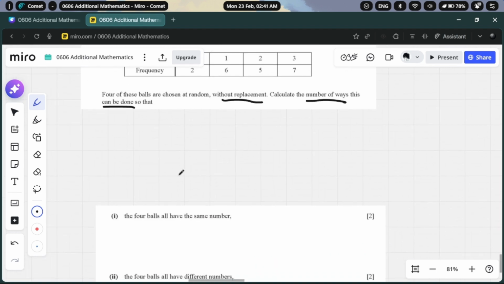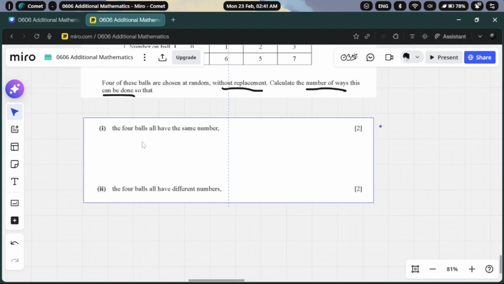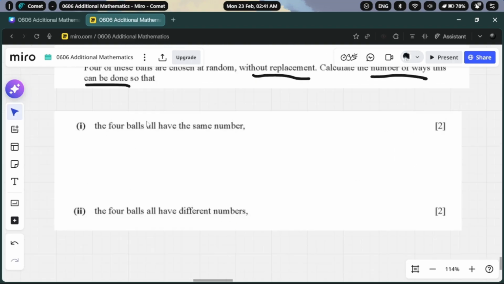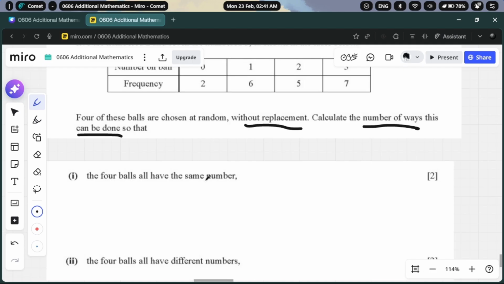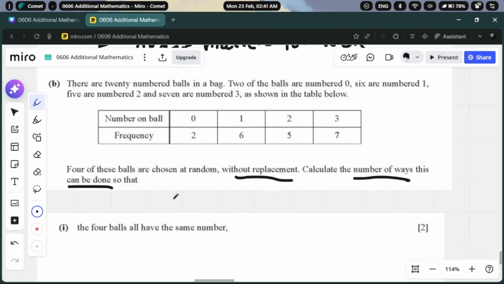So first of all, you have that the 4 balls all have the same number, which means the minimum frequency for those balls has to be at least 4. So you obviously exclude 2. So you look at 6, 5, and 7.